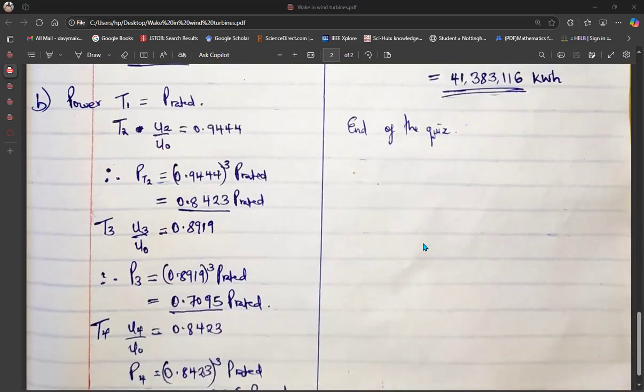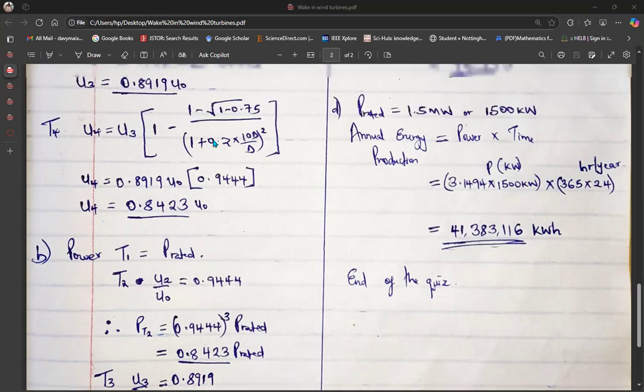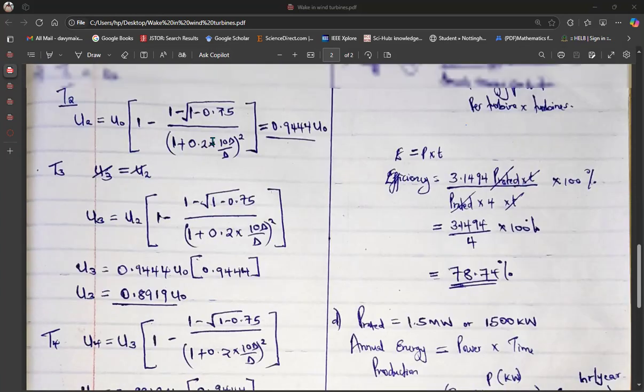So as we said, if the wind speed is not affected in the first turbine, that means we are just getting the exact power, the P rated. But now when you go to T2, we shall have U2 over U0 being 0.944. I'm sure we had seen that.